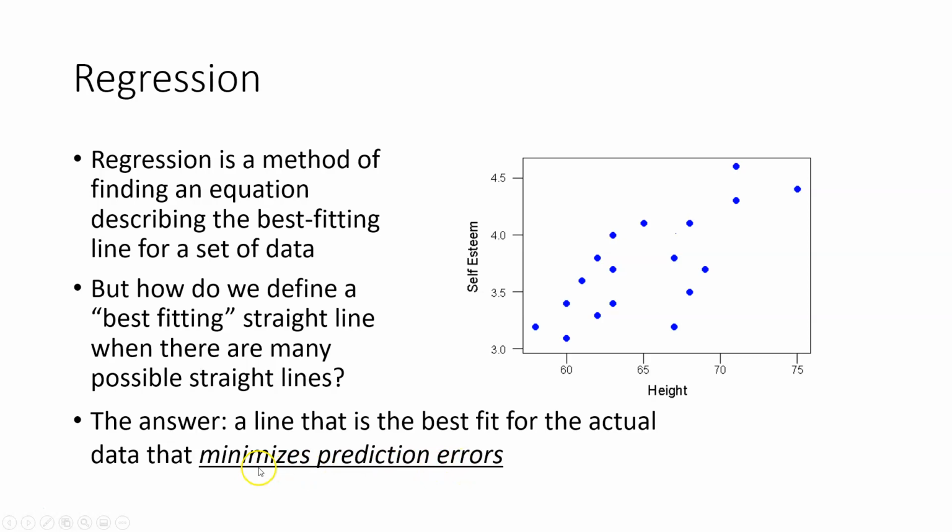Now, what does that mean? It means that if you predict how much self-esteem somebody will have from their height, or we could say how much of any DV from any IV, then we would minimize the prediction errors. That means each of these dots would be as close to the line as possible.